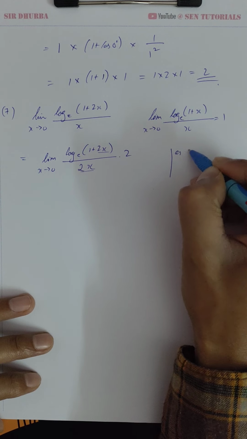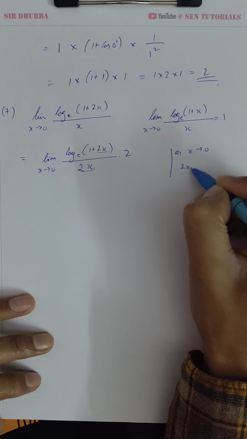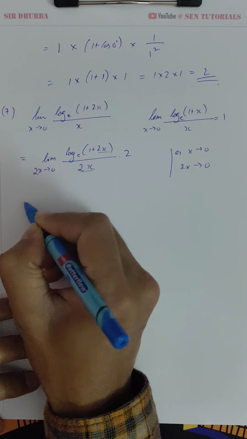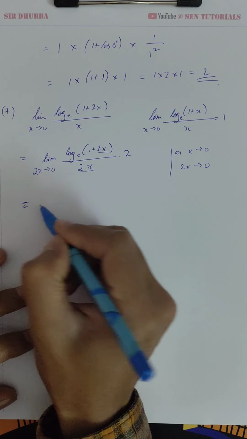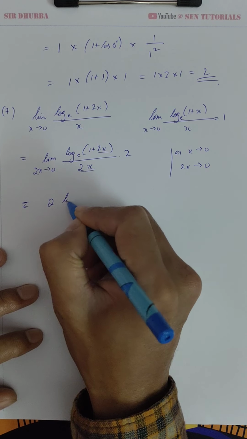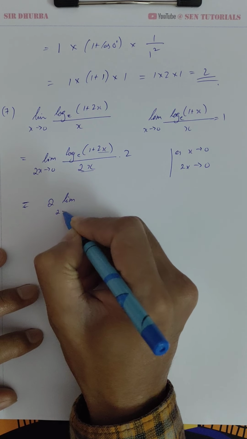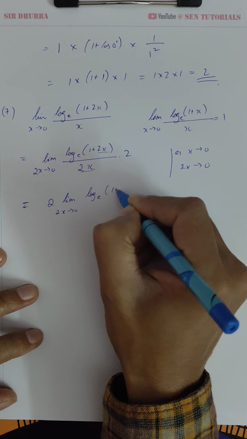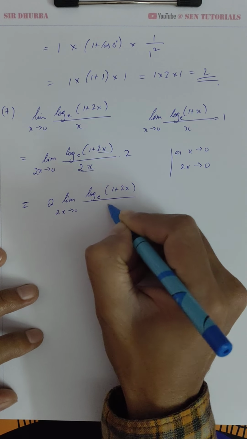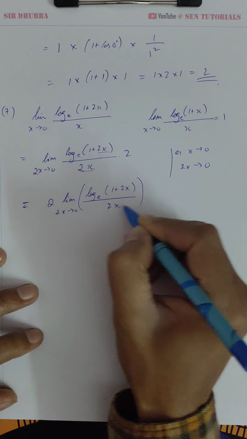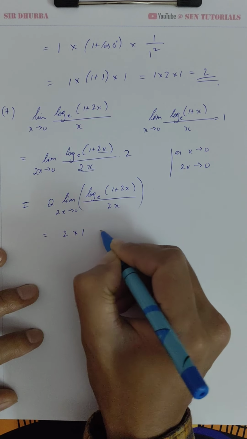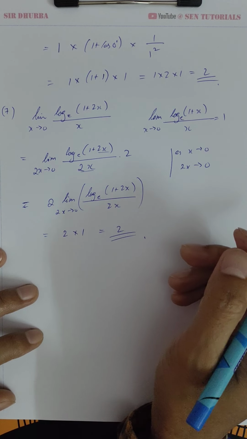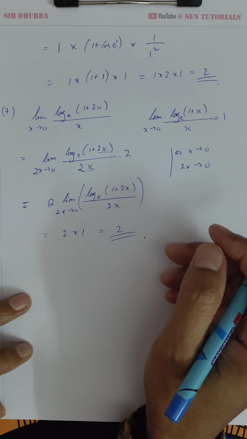And we know that as x tends to 0, 2x also will tend to 0. So 2 I'll take outside: limit 2x tends to 0 of log to the base e of 1 plus 2x divided by 2x. This one is already given as 1. So the answer is 1.